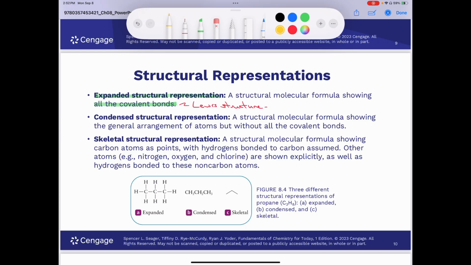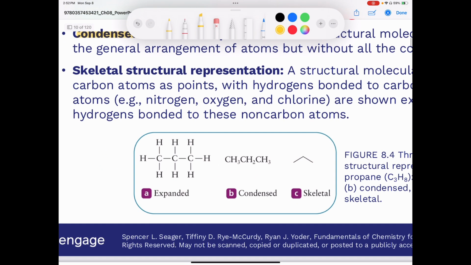The next one is a condensed structural representation. So condensed structural representation is going to be a structural molecular formula showing the general arrangement of atoms, but without all the covalent bonds. So if we take a look down here, we see the expanded form here where every single bond is drawn in, right? We have every bond between the carbons, and then we have all the bonds between the carbons and the hydrogens in our hydrocarbon.